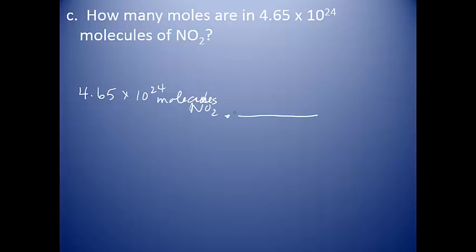Alright, now we want to get rid of molecules of NO2, so we know that for every 6.02 times 10 to the 23rd molecules, we have 1 mole of that.